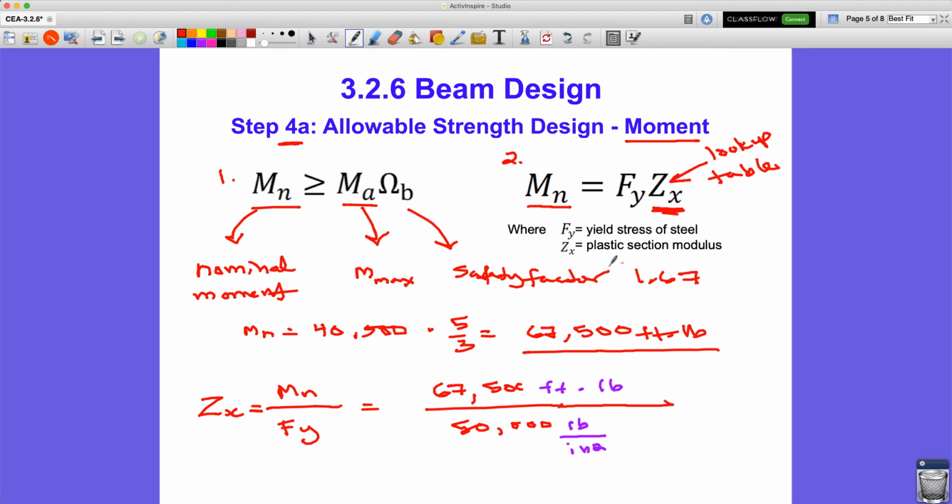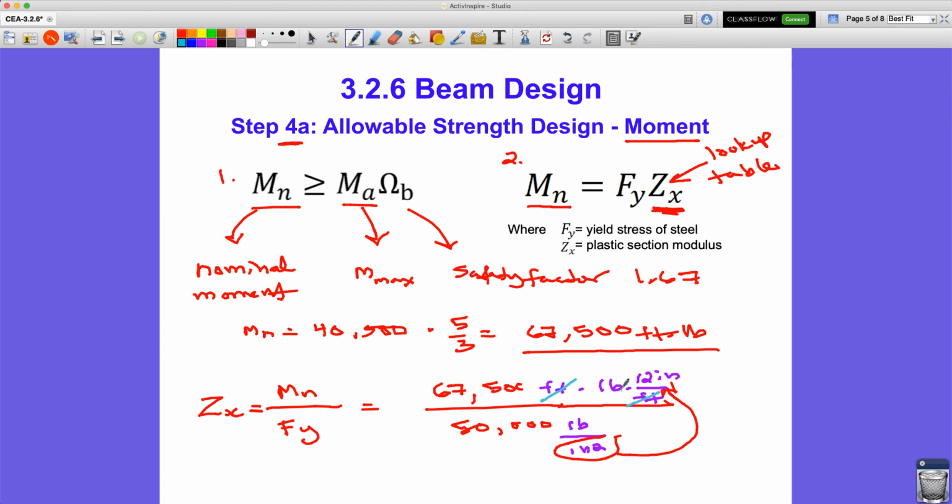I don't have to ask Mr. Turner what he calls that, but that term is going to go up to the numerator. But notice we now have feet and inches squared. That's not good. So we do need to throw in a conversion factor here, because we've got to get rid of these feet. We're going to do 12 inches per feet in the numerator, and that'll help us cancel out the feet.